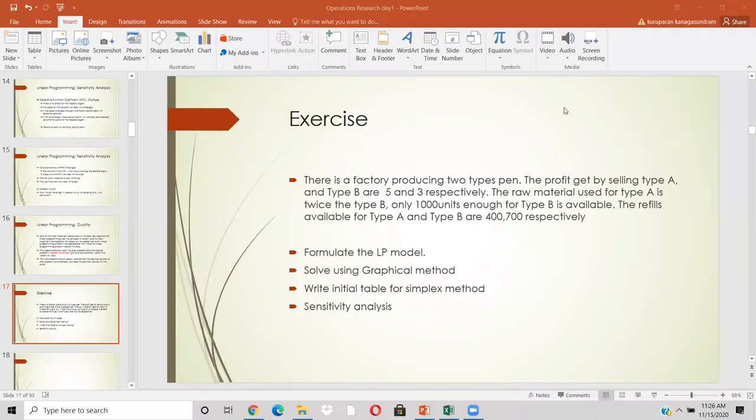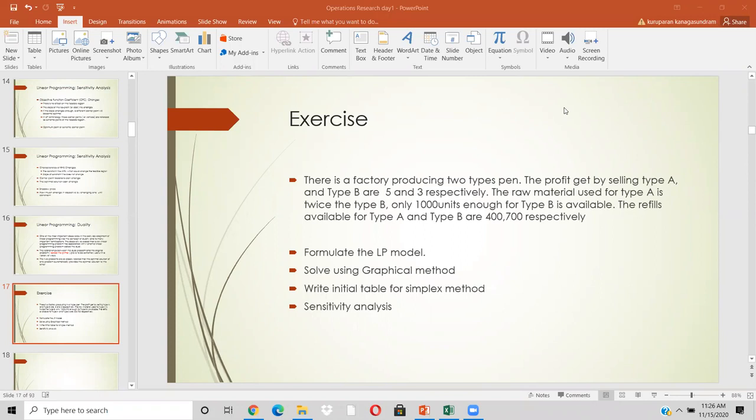According to the statement, the raw material used for type A is twice that of type B. Type A uses two times the material used by B.